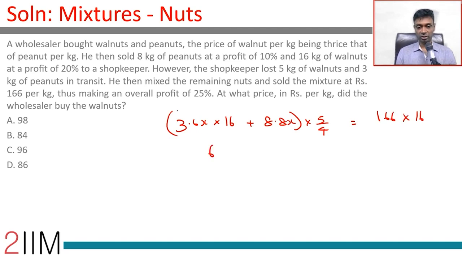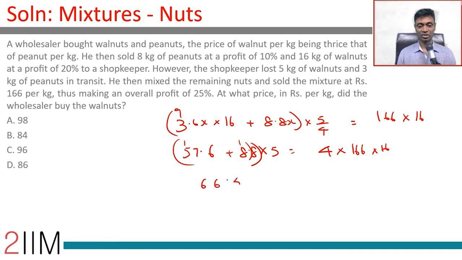6 16s are 96, 6 9 16 3s are 48, 57.6 plus 8.8, sorry 8.8 into 5 equals 4 into 166 into 16. 4 8 plus 6 is 14, 4 9 plus 7 is 16, 66.4 into 5 is 64 into 166. 5 4s are 20, 0 2 32, 2 3 3 32 equals 64 into 166 and 332x.